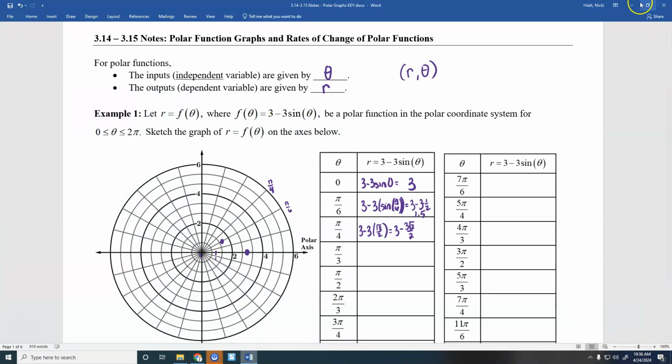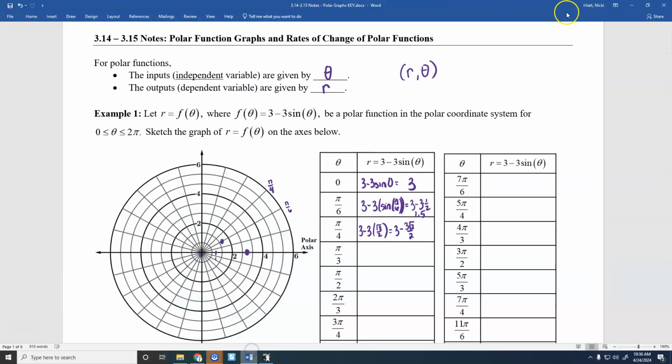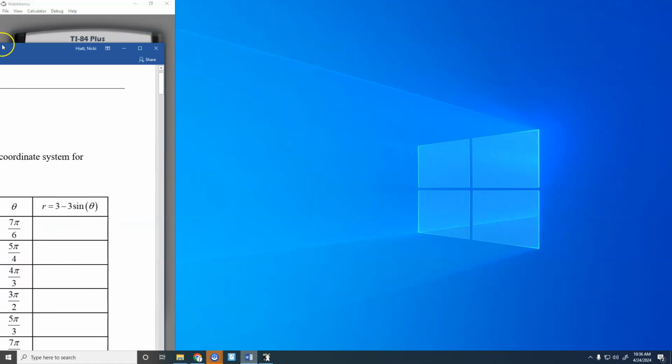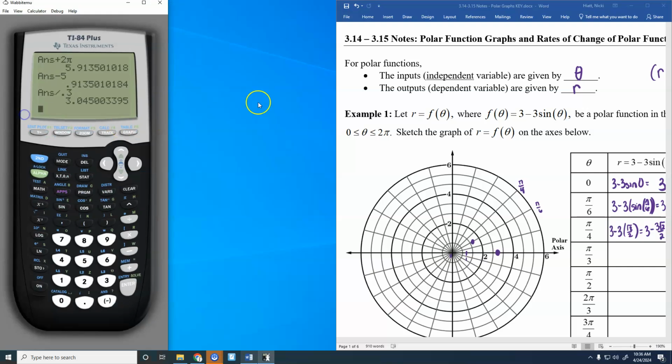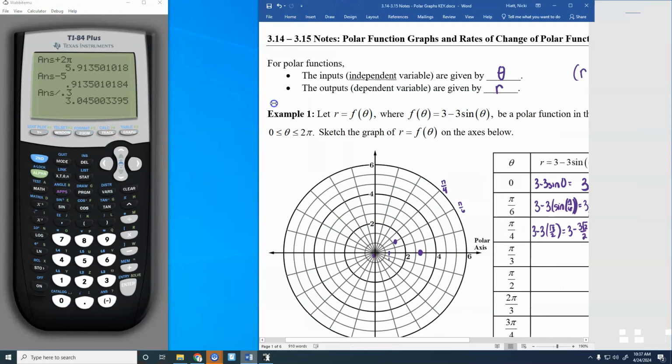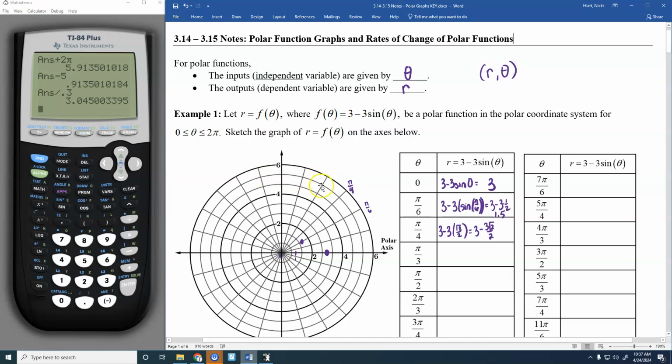Where'd my calculator go? There we go. In fact, let me just go ahead and show you something here on our calculator, because this is just going to take too long.